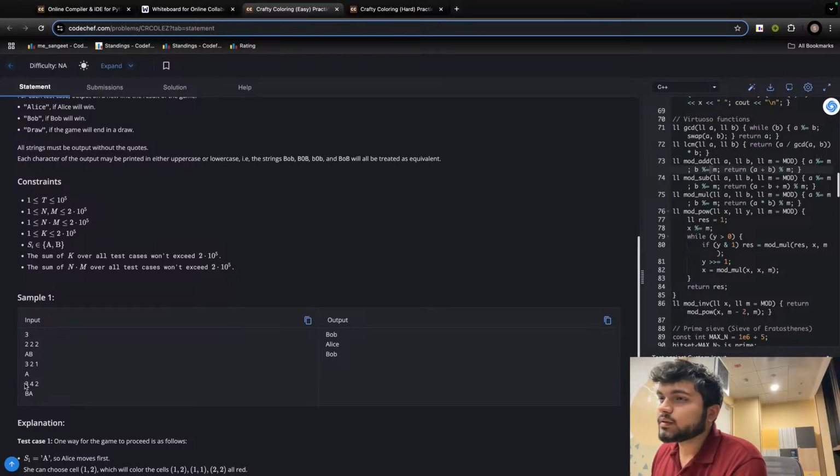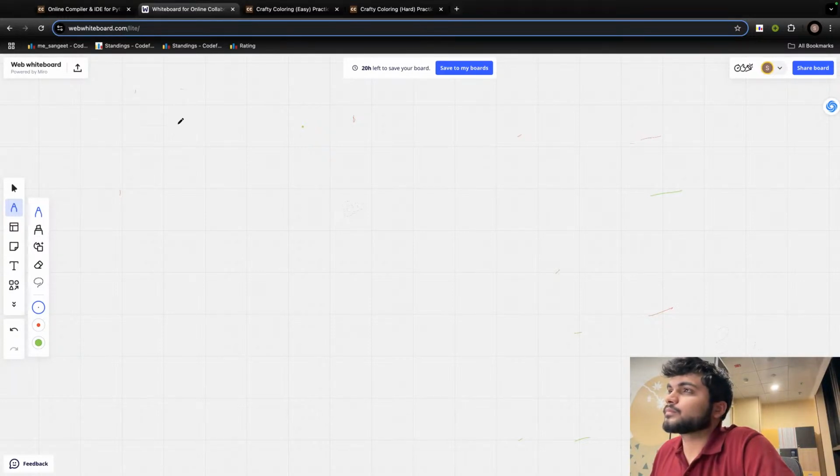So we have 3 comma 4, this is our array, and we have ba as the string.